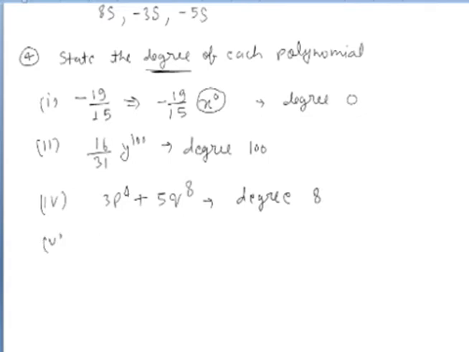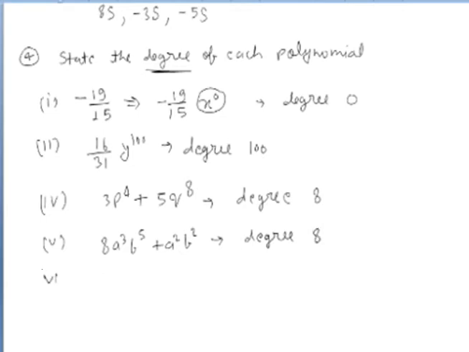Question number 5, 8 a cube b to the power 5 plus a square b square. Here in this term we have to add these exponents: 3 plus 5, 8, and 2 plus 2, 4. So the degree is 8, because it is the maximum.